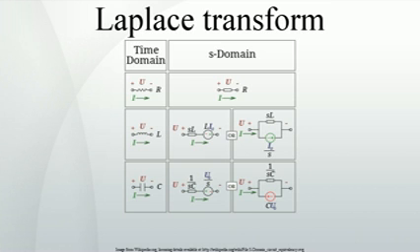For example, the function f(t) equals cos(ωt) has a Laplace transform F(s) equals s over (s² plus ω²), whose ROC is Re(s) greater than 0. As s equals iω is a pole of F(s), substituting s equals iω in F(s) does not yield the Fourier transform of f(t)u(t), which is proportional to the Dirac delta function δ(ω minus ω₀).